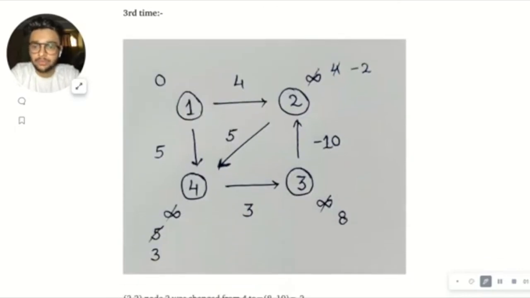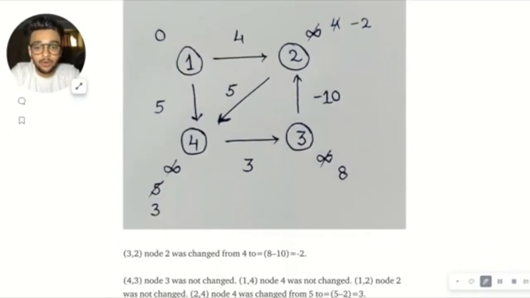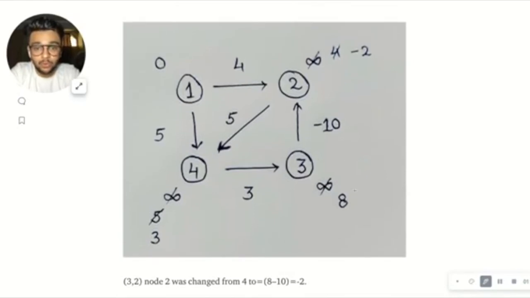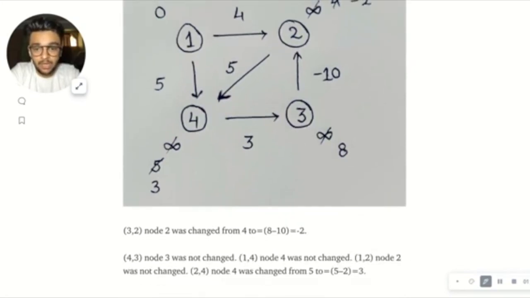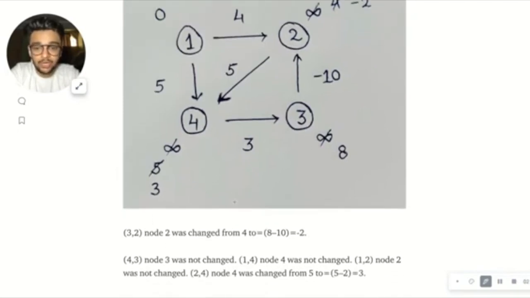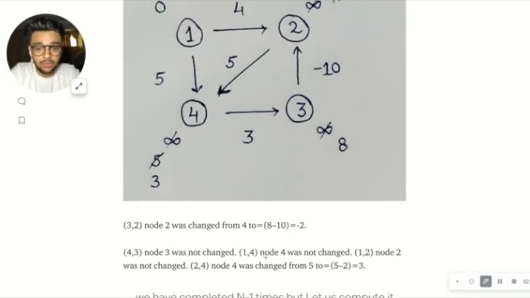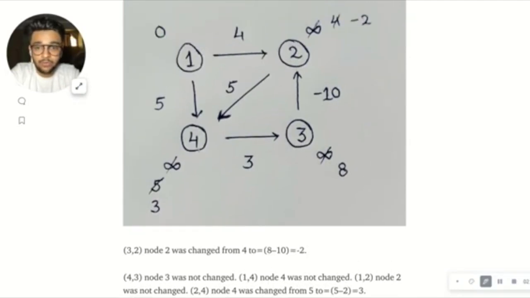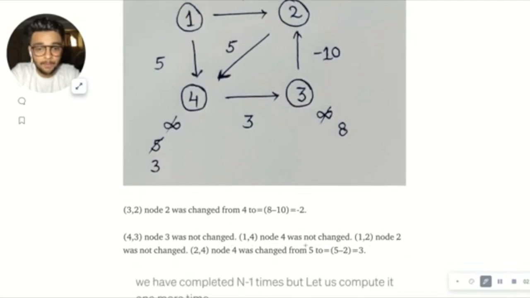Let's do it for the third time, which is the n minus 1th time. Okay. 3 to 2: 8 minus 10 is equal to minus 2. Minus 2 is less than 4, so 4 would be changed to minus 2. 4 to 3: 5 plus 3 is equal to 8 only, there would be no change. 1 to 4, there would be no change.